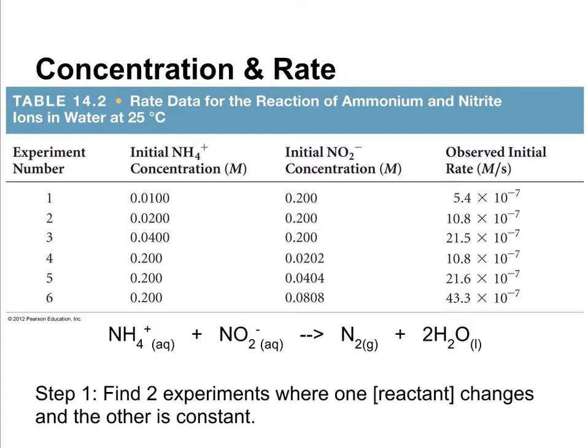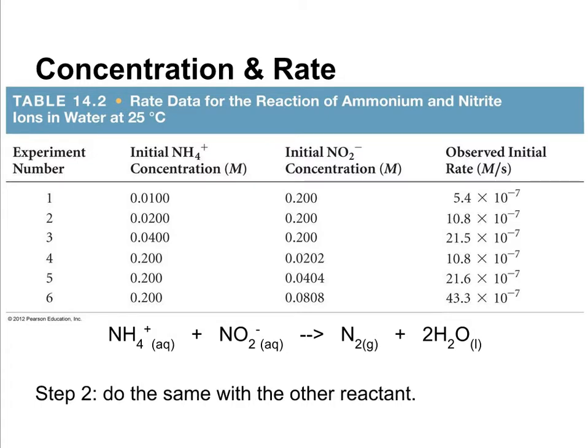And step 1 is we need to find 2 experiments where the concentration of one reactant changes and the other is constant. So if we look at experiments 1 and 2, the ammonium concentration doubles, so it changes. The NO2 concentration stays the same, and the rate changes. So we can use experiments 1 and 2 to solve for the reactant order for ammonium.